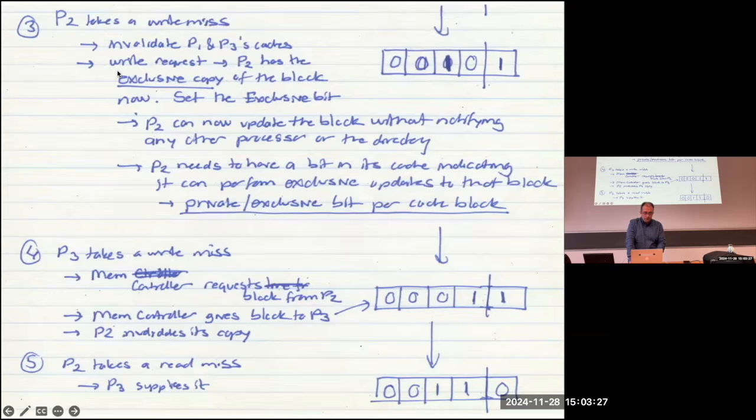Then you support the write request, set P2's bit to 1, and also set the exclusive bit to 1. This is really important, because it shows that this processor has the data exclusively, and that makes it possible to do some operations silently.